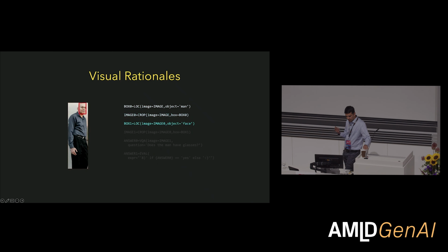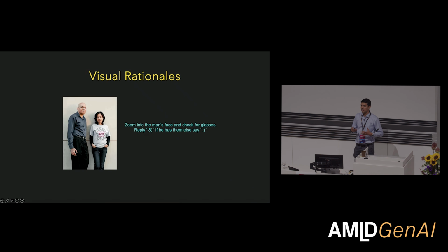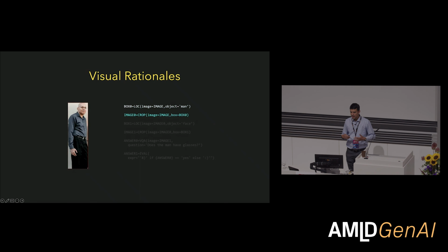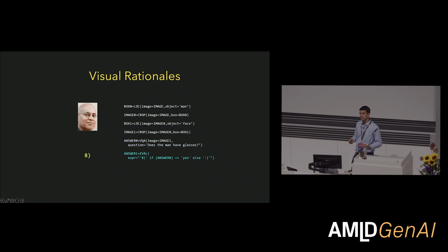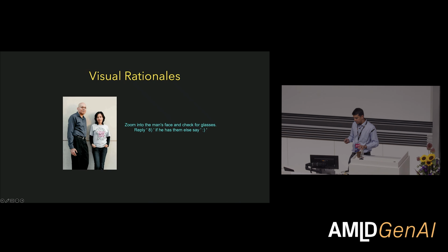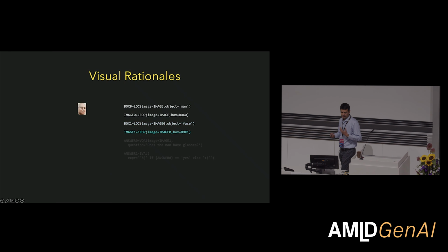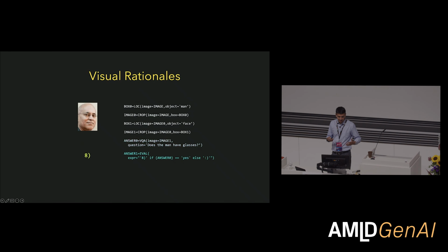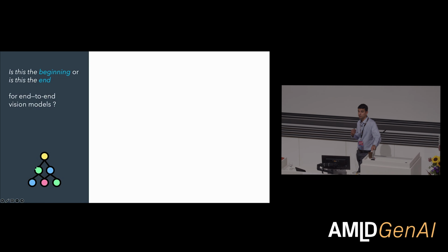And what's interesting here is not just that it gets the answer right, but what you're seeing here is a visual rationale. It's a stitching of the inputs and the outputs at every stage of execution, which makes visual programs extremely interpretable and provides the programmer an ability to intervene in the reasoning process. And this, I think, can be extremely useful, particularly as you're building more and more complex visual systems.